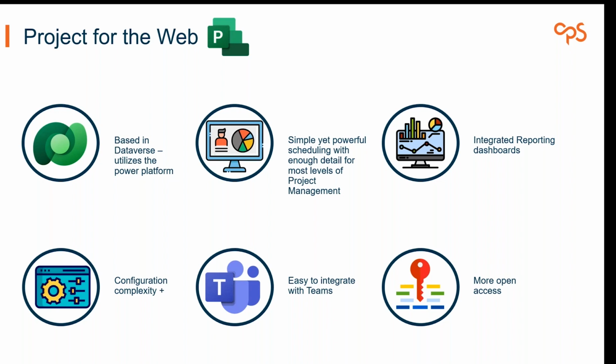And then last thing, open access. So access for Project for the Web, this is the security point that we touched on at the end of the Project Online slide. It is slightly more open. Project for the Web is designed to be a more open-ended system that people have access to. It doesn't currently have capabilities to do things like confidential projects like Project Online can do.